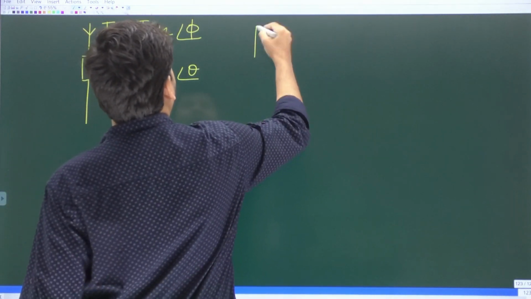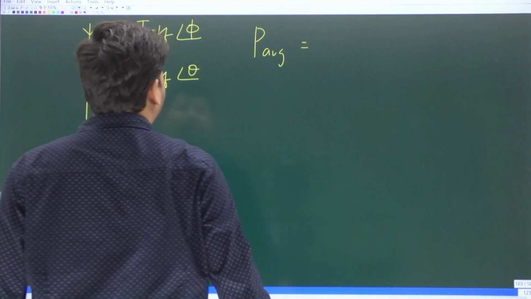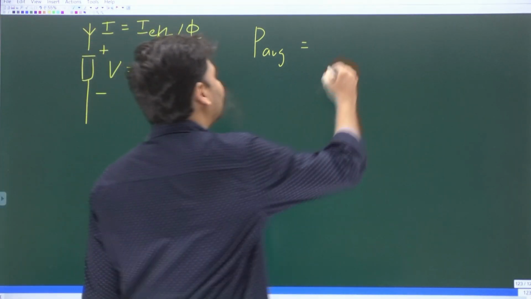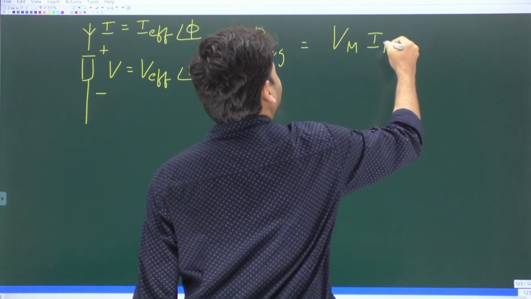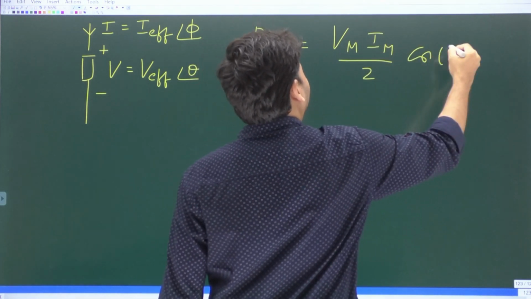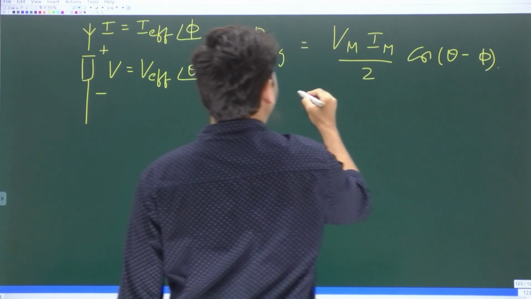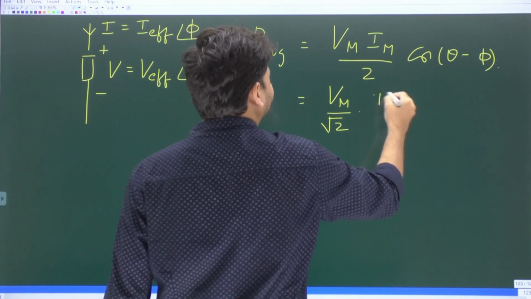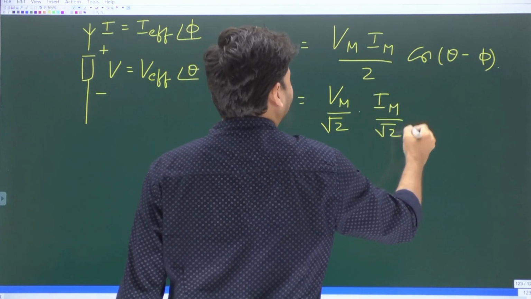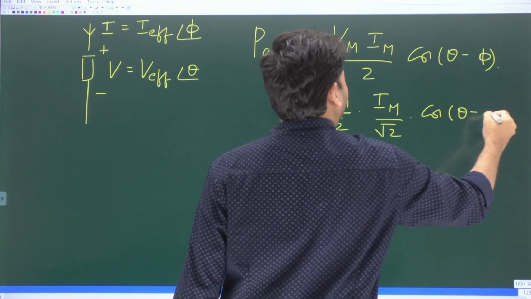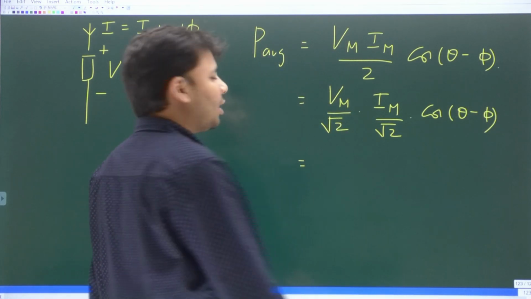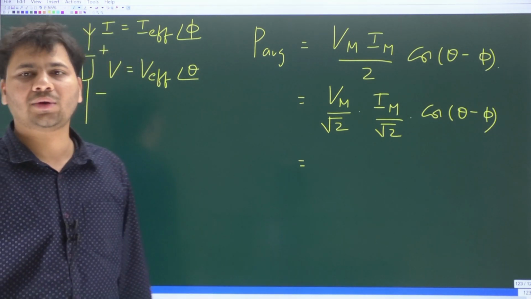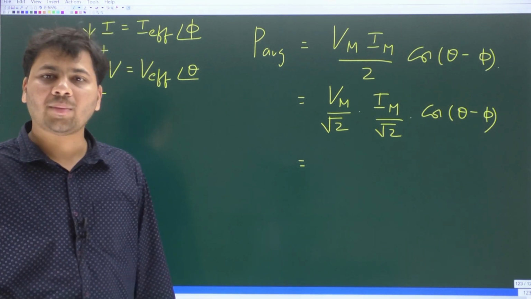Previously, the result we got for the average power absorbed by the element was Vm Im by 2 times cos of theta minus phi. Can it not be written as Vm by root 2 times Im by root 2 times cos of theta minus phi? For a sinusoidal function, the RMS or effective value is the amplitude divided by root 2.